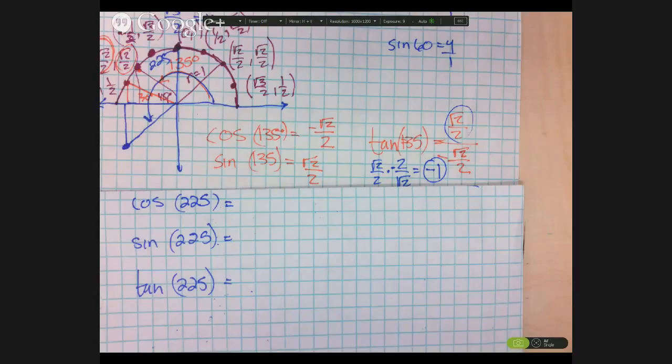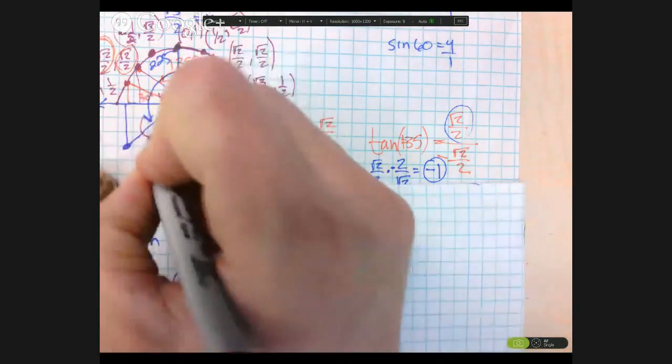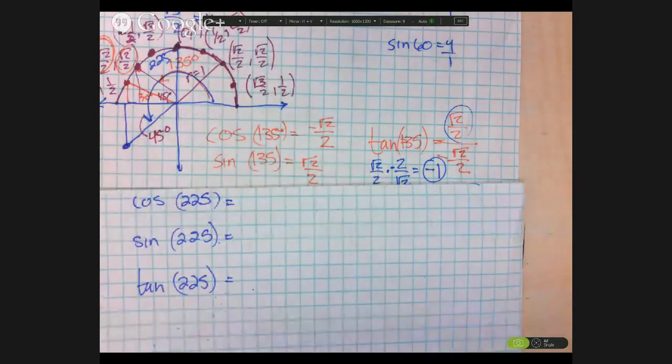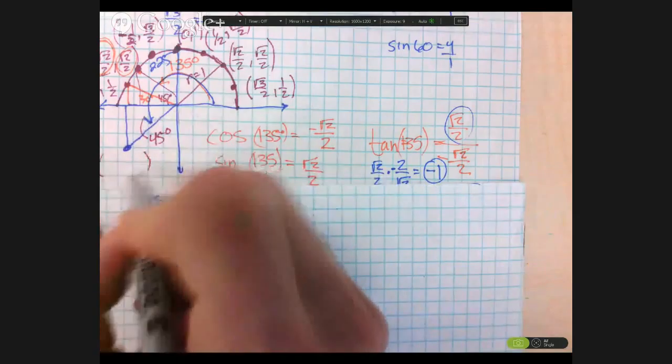The whole thing's 225. 45 degrees. Okay, so if that's a 45-degree angle, what are these coordinates?